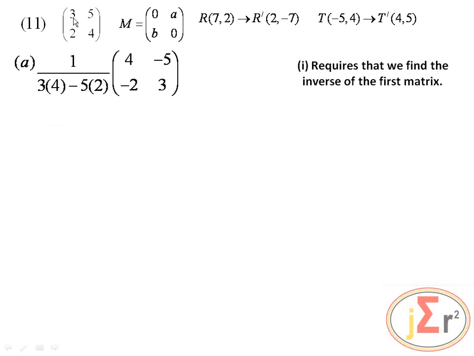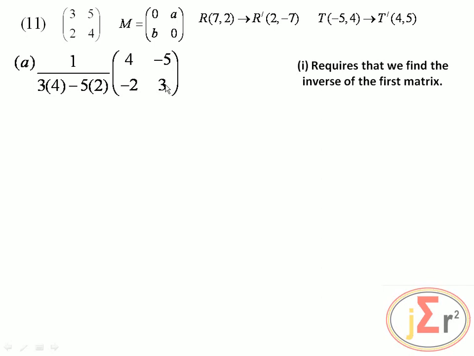The determinant is 3 times 4 minus 2 times 5. So 3 4s 12 minus 2 times 5 is 10. So that we will have a half. And we need to take a half of what we have here, which is the adjoint. The adjoint is formed by changing places with these two and changing the signs of these two.